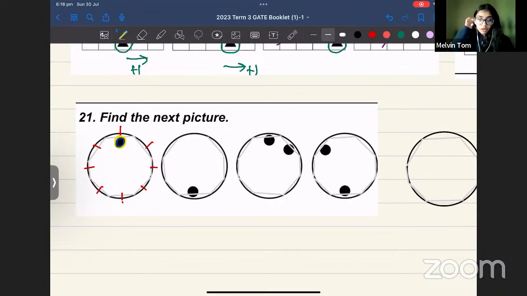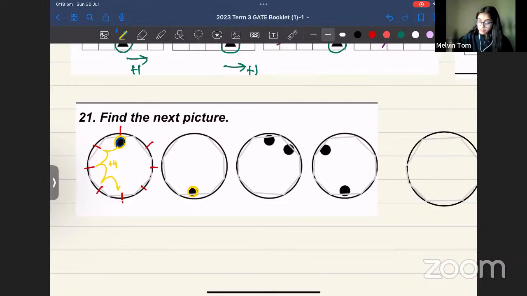In the second image, we can see that there's a circle here. That means the yellow circle has traveled all the way from the top to the bottom. So how did it get there? That's 1, 2, 3, and 4. It's moved 4 times anti-clockwise.